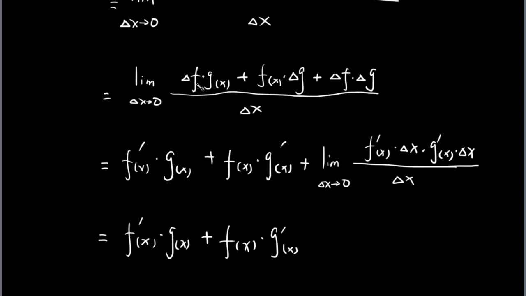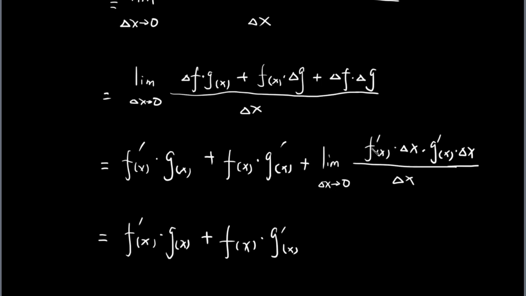Delta f over delta x, that is f prime of x, times g of x plus f of x times delta g over delta x, that is g prime of x, plus this, delta f.